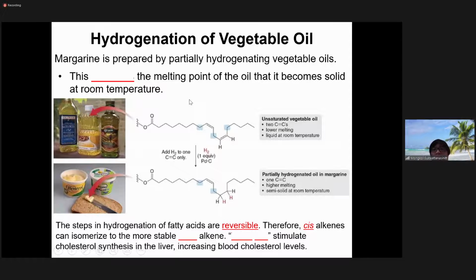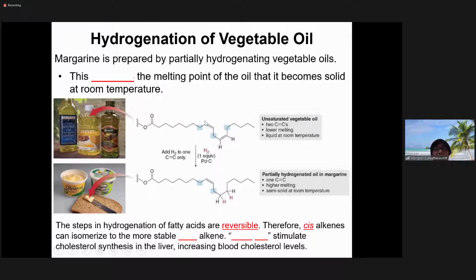This hydrogenation is quite useful in industry. It is used for the hydrogenation of vegetable oil. The natural vegetable oil usually contains some unsaturation, as you call it, unsaturated fat.